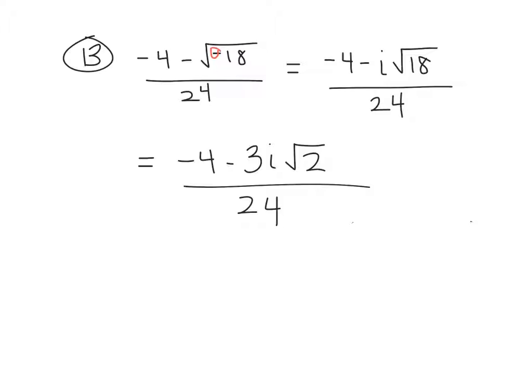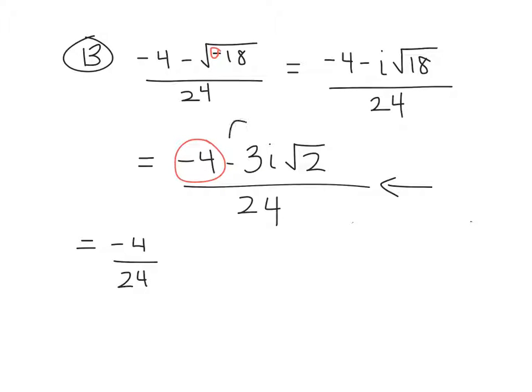Okay, now we want to simplify this answer. And if you'll notice, we have a fraction bar here. So I'm going to separate each term in the numerator into a fraction. So the first term is a negative 4. So I'll just write negative 4 over 24.